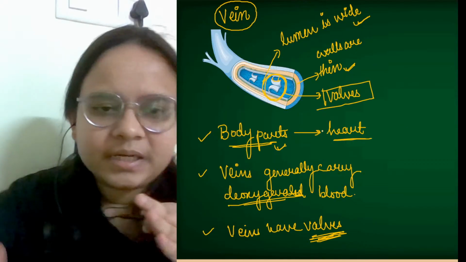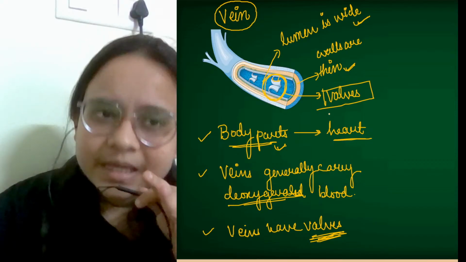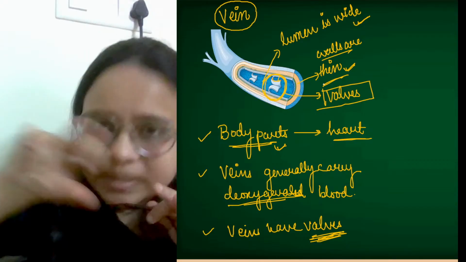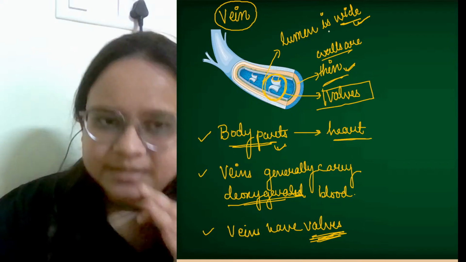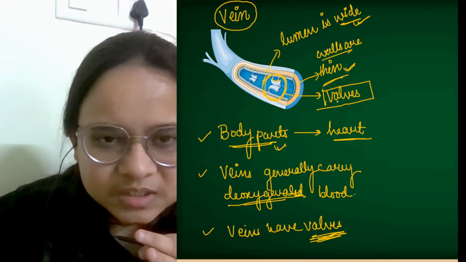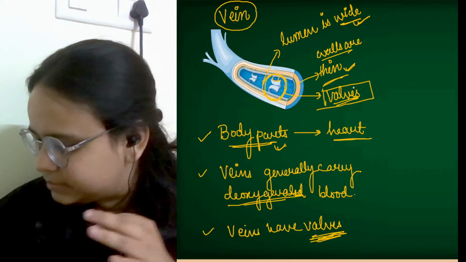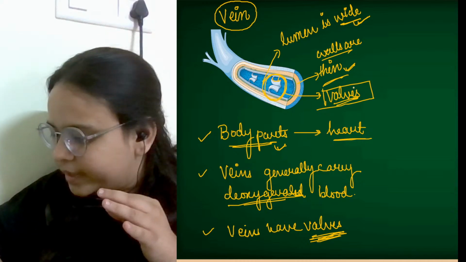Okay. Right, now let's come to this vein. Just the opposite is happening in case of vein. In case of vein, the walls are thin, so the lumen is getting enough space to widen out. So the lumen is wide here. And these flap-like structures are valves, which are present only in case of vein. Fine.